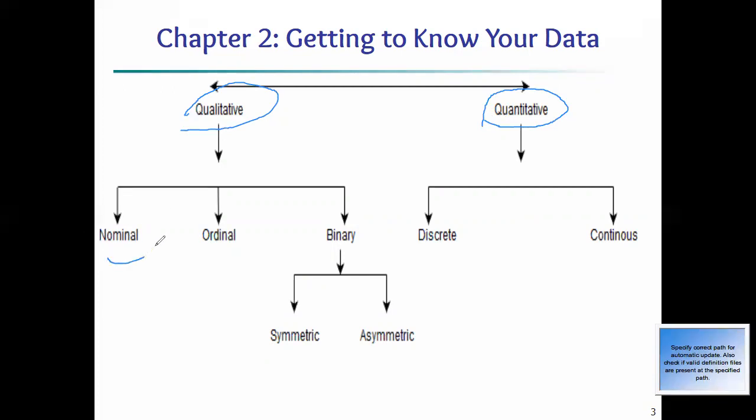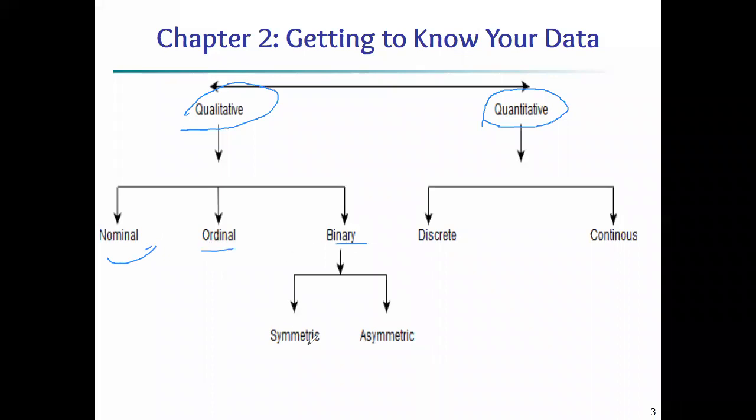The types of qualitative data are nominal attributes, then ordinal, then binary. Binary can be symmetric or asymmetric. Then quantitative has discrete and continuous. You might be thinking why these types of attributes are required. Before that we have to focus on what exactly a data object is.